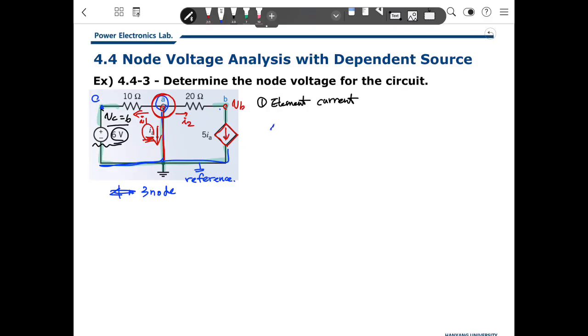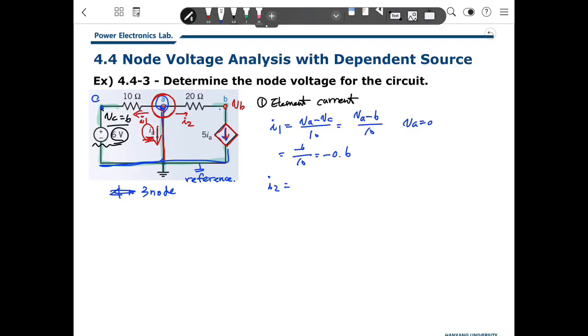Then I1 will be 10 times VA minus VC, which is 10 times VA minus 6, because VC is 6. And we know VA is 0. So there will be 10 times minus 0.6. How about I2?